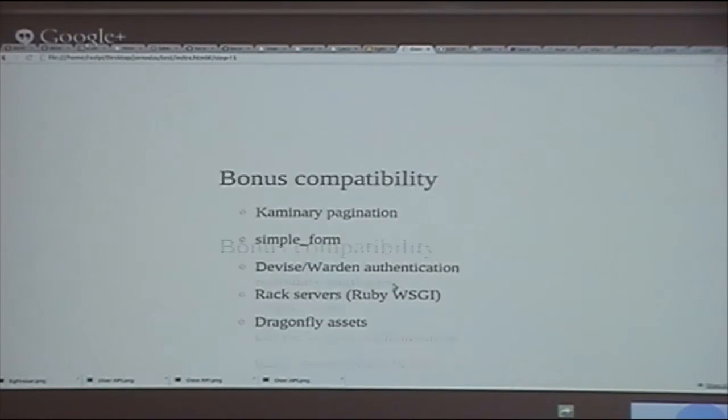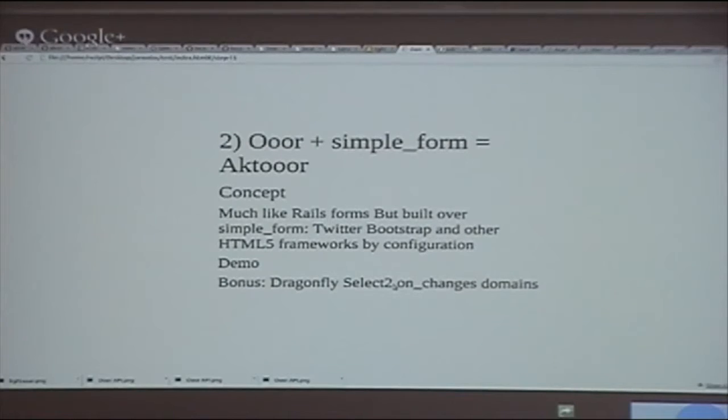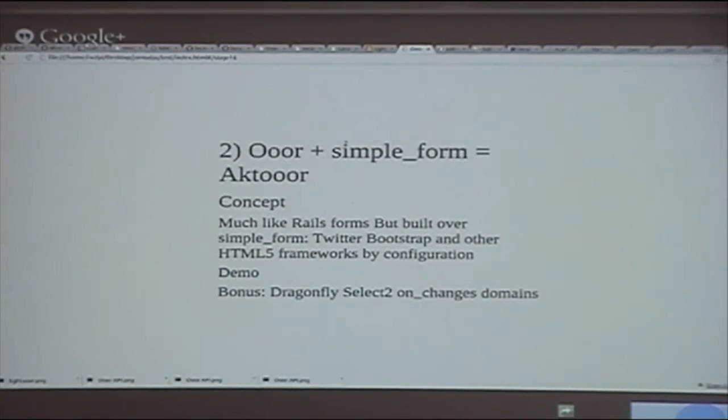So for instance, we have simple form, which is Twitter Bootstrap integration. I'm not going to make a demo right now. I will show on the live case. We also have on-change and domains on those formulas. It's working rather with jQuery instead of Python expressions, just like OpenERP.